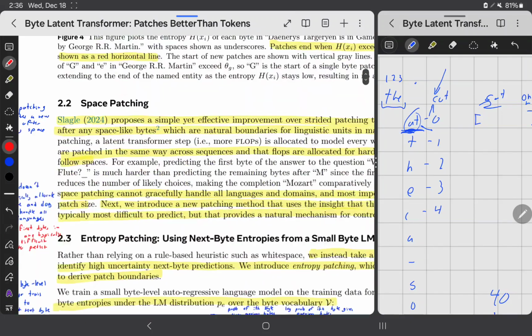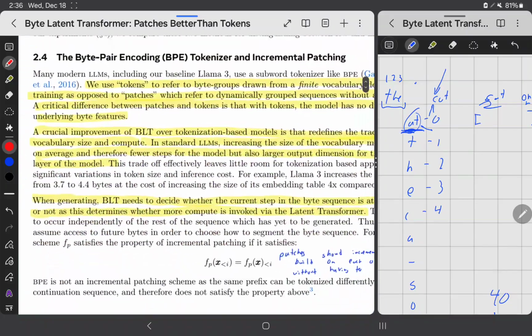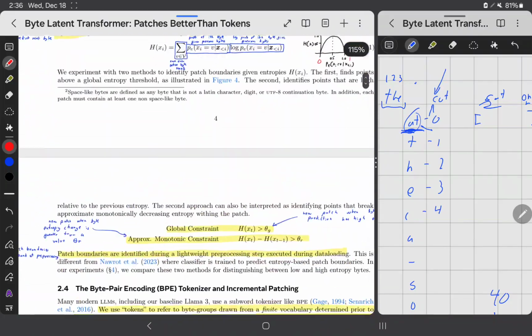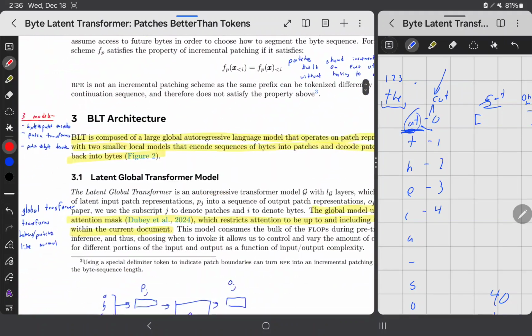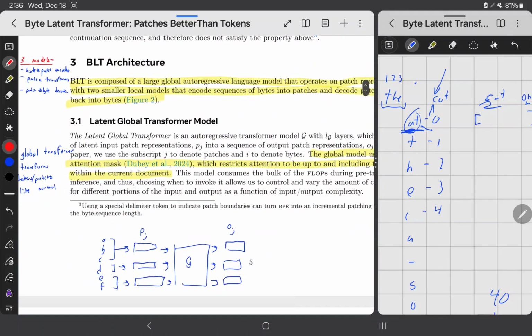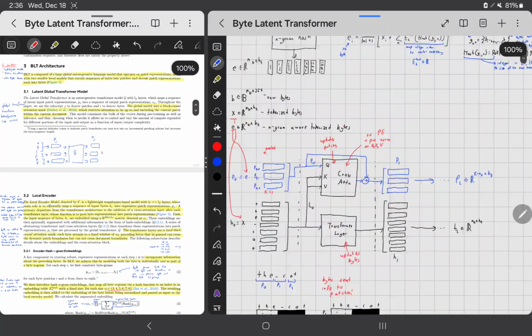Assuming you can patch, which we now have a method to do using this entropy-based patchification, we can now encode these patches in some manner. I actually have some diagrams I drew out for this.